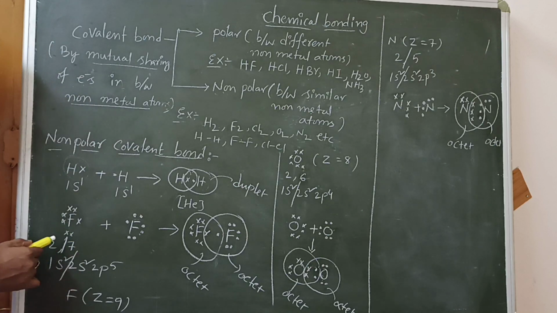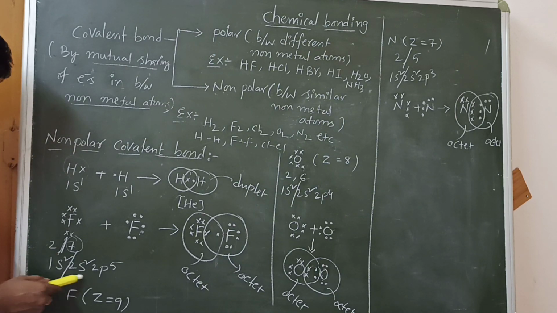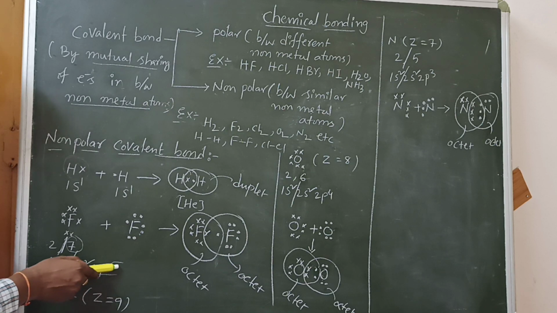And if you observe fluorine, the atomic number is 9. The electronic configuration is 2, 7. The outermost electrons, how many are there? 7. So for getting octet configuration, it needs one more electron. In another way, it is 2s2 2p5 here also.